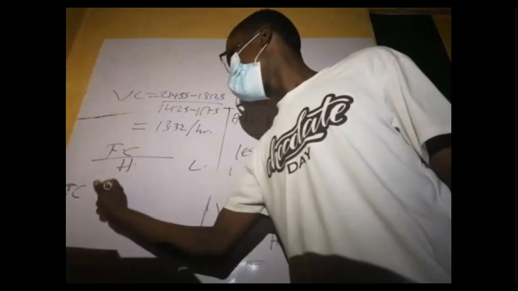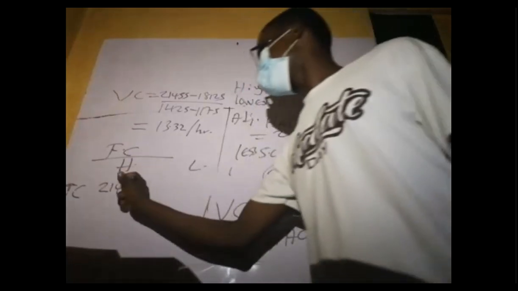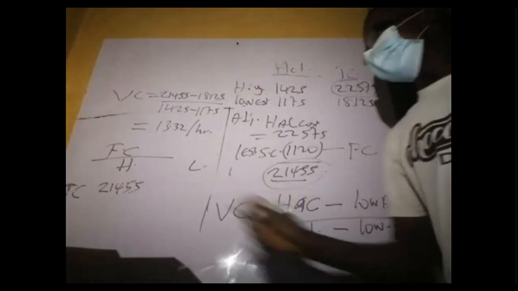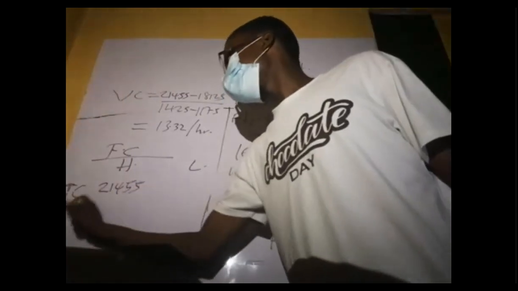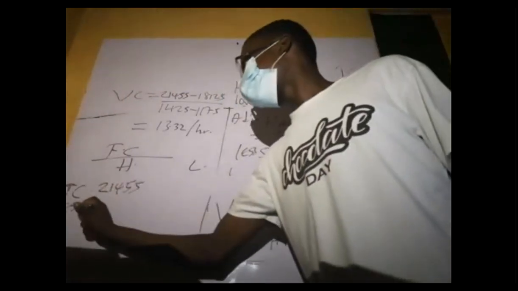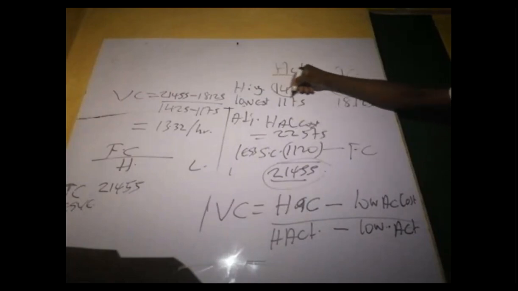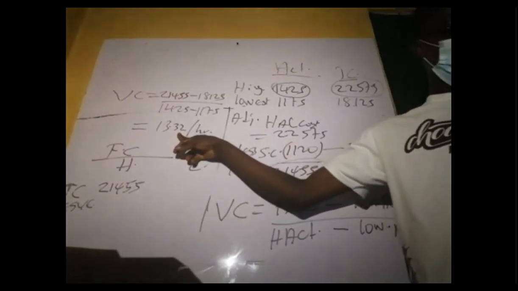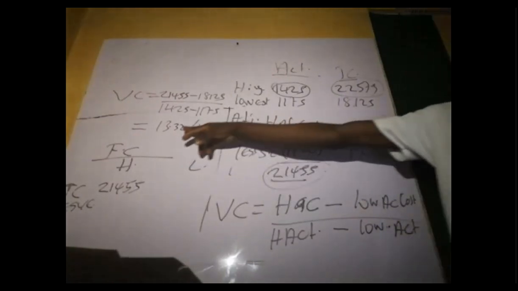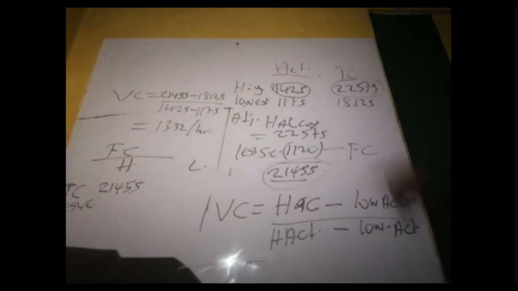So total cost will be 21,455. Agreed. Less variable cost. Now let's pick our calculator. The variable cost: we have to just pick the activity level. Highest activity level is what? 1,425. Agreed. What is the variable cost per unit? That is calculated, 13.32. So if each hour costs 13.32 and we spend 1,425 hours, what's the total?